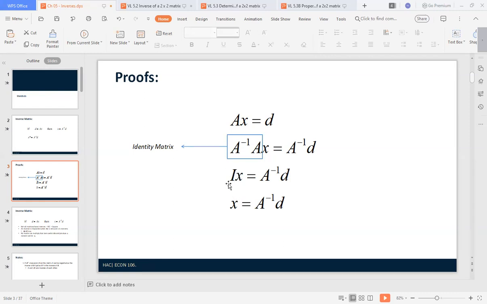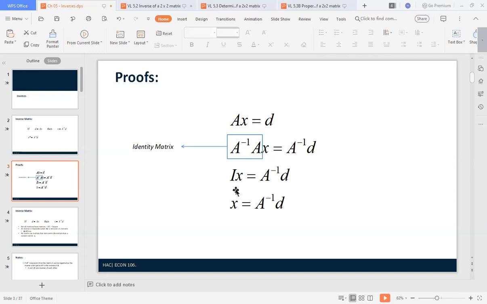So simplifying, this will now be equal to Ix equal to A inverse multiplied to the vector of constants. Simplifying as well, because an identity matrix multiplied to another matrix gives you back the original matrix, which is equal to X here.